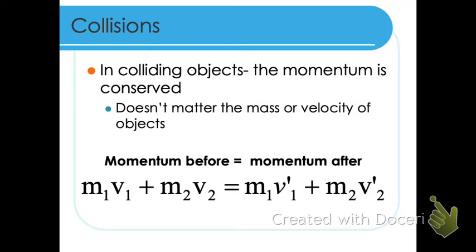Second thing we need to think about is that most of the time, we're going to see a true collision, right? Things are actually hitting and moving apart or sticking together, whatever. But some things that could be considered a collision would be like an explosion, right? If an object is sitting at rest and then it explodes, what happens to all those pieces? Do they usually go in the same direction? No, right?